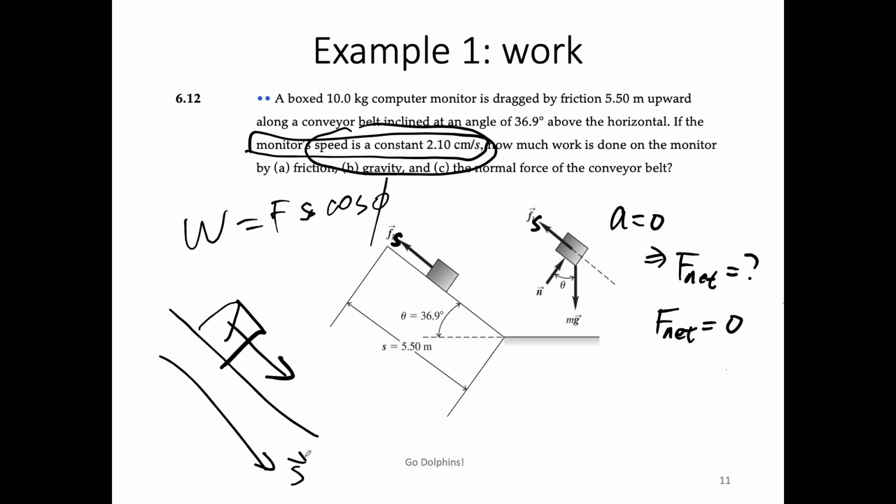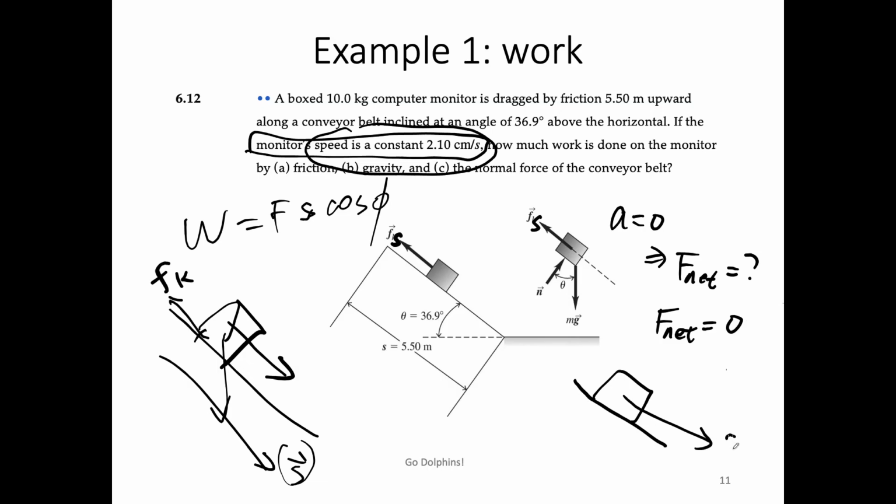What will be the work done by gravity, and what will be the work done by friction in this case? And here you are going to have kinetic friction, right? You have weight, and this is your S. Remember, this is not this problem. I'm talking about a very similar situation to help you understand.